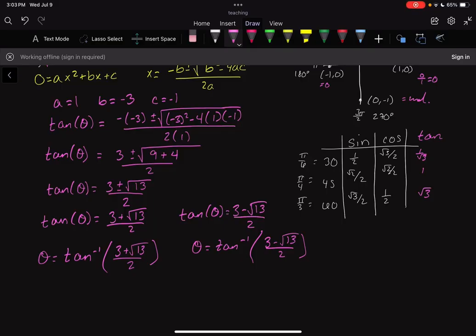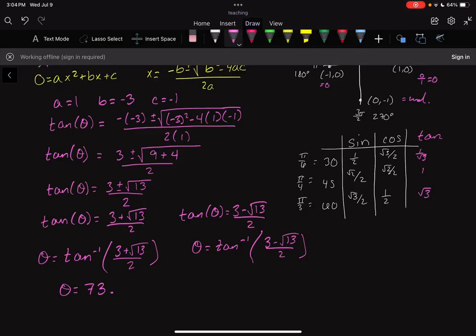So I'm typing these into my calculator. So let's see. I get 3 plus root 13 over 2. Plug that into tangent inverse. This gives me theta is equal to 73 point.